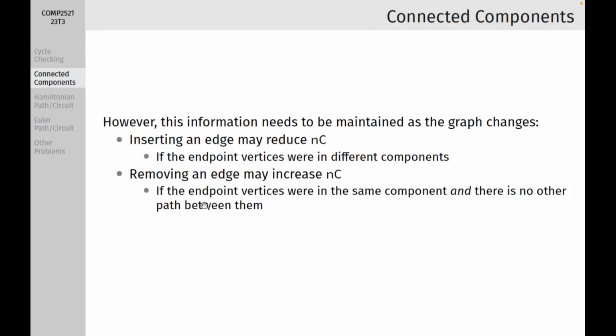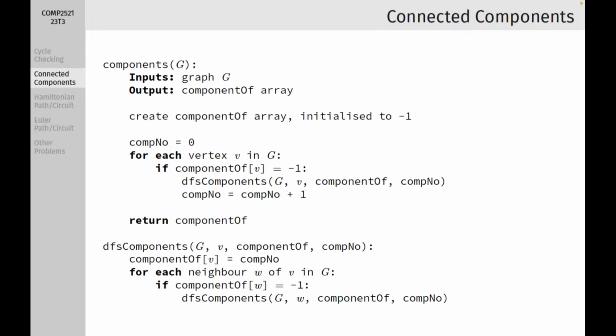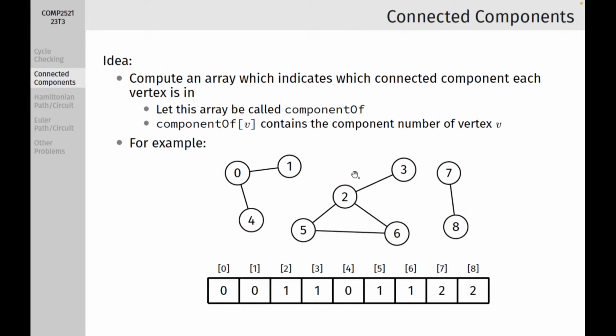So what is the downside? Well, there's always a downside: we need to maintain this information as the graph changes. If we insert an edge into the graph, then that might reduce the number of connected components, because we might end up merging two connected components together. In this graph, for example, suppose we added an edge between 1 and 2.